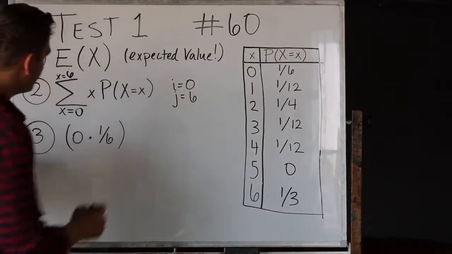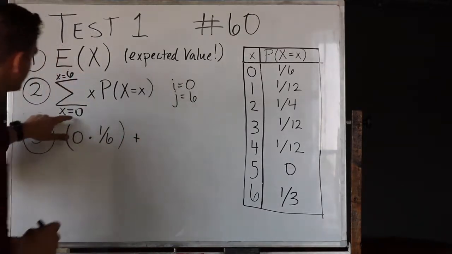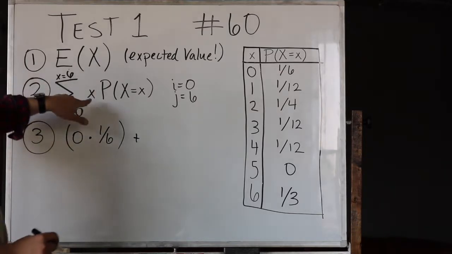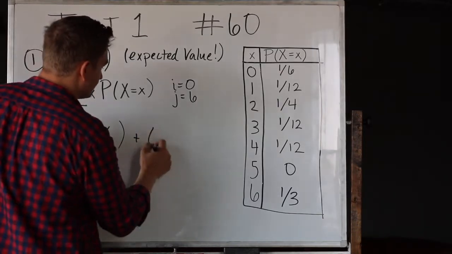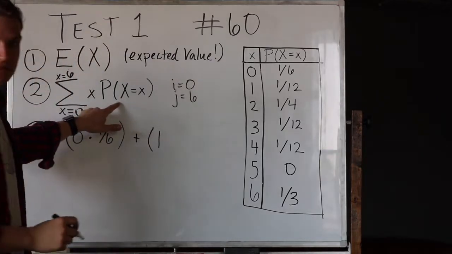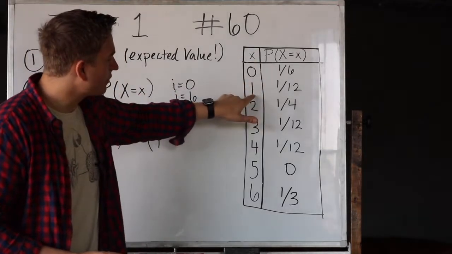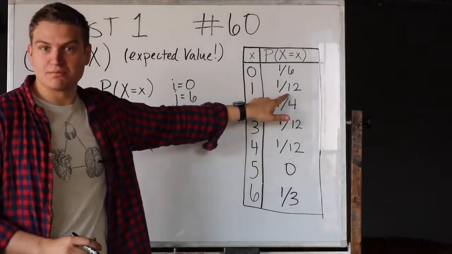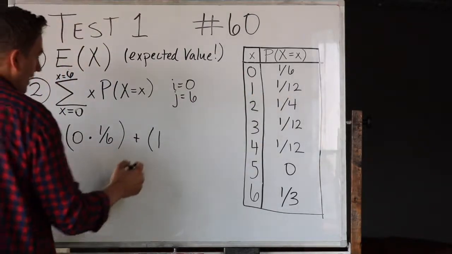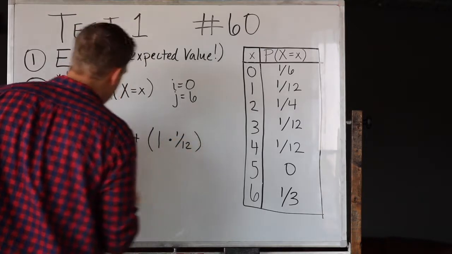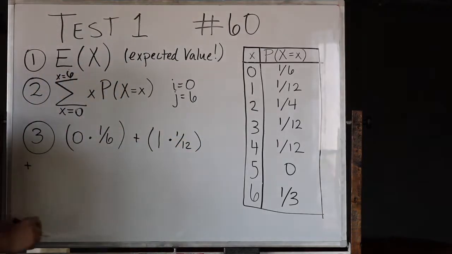Now we add and move on to our next value of x, which is going to be 1. So we put in 1 for x and multiply by the probability that our discrete random variable equals 1, which if we come down to 1 and go over, we see that that probability is 1/12. Now we're going to do the same thing for x equals 2.